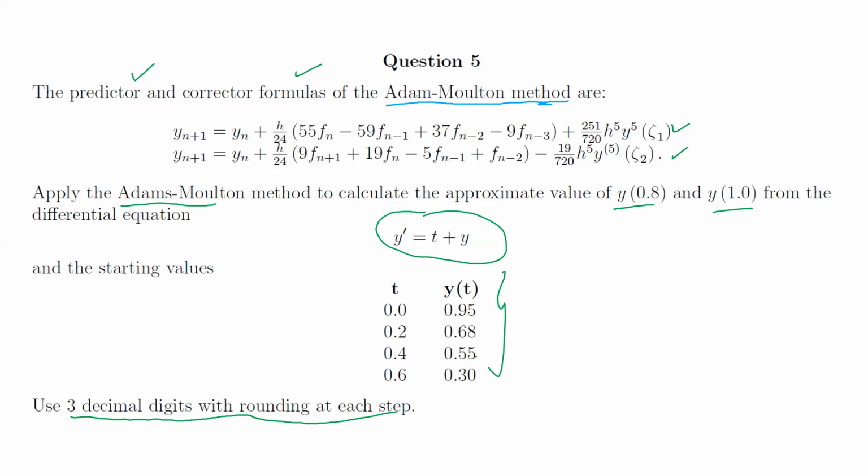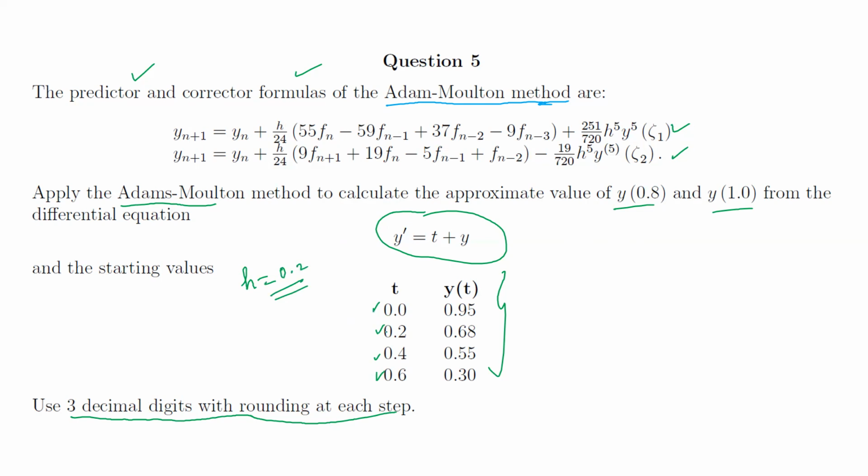Now, given this differential equation and the starting values of t, the starting values of t start from 0, then 0.2, 0.4, and therefore h, the step, is 0.2.